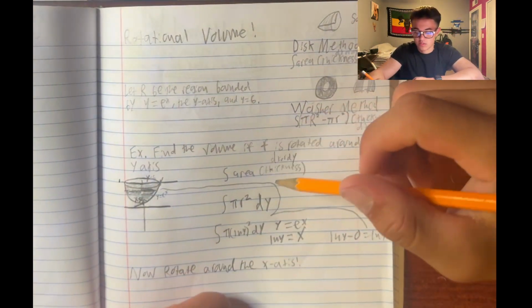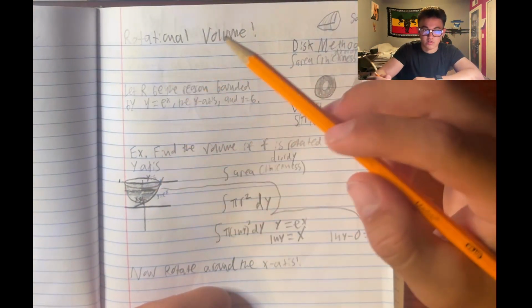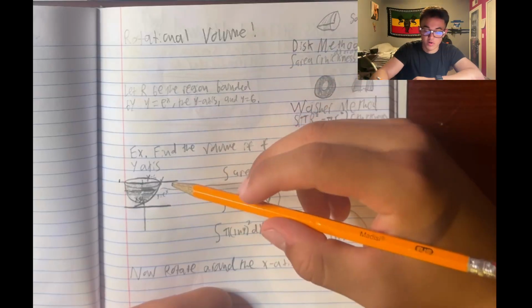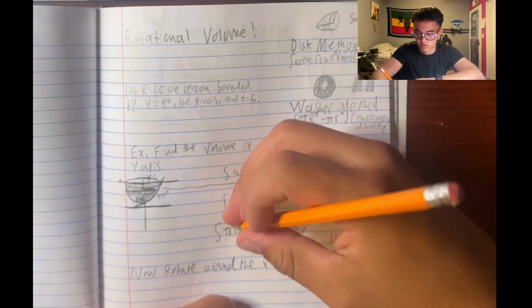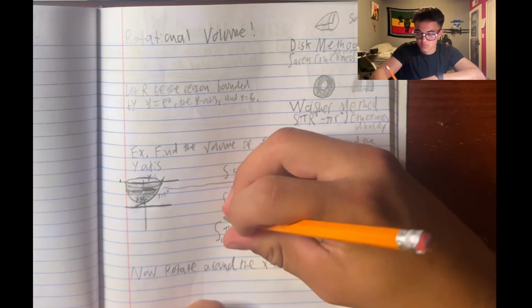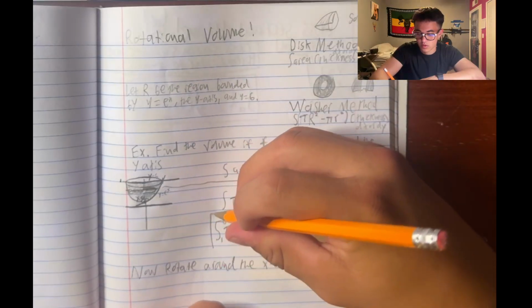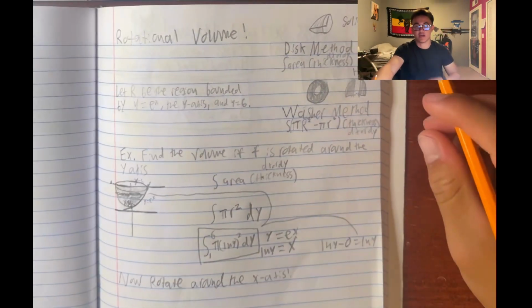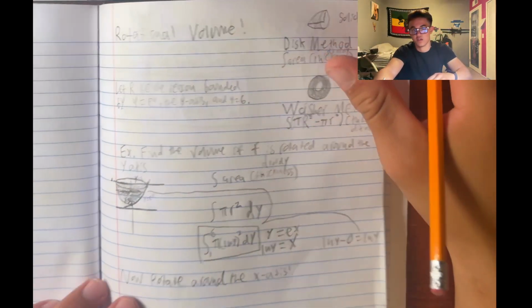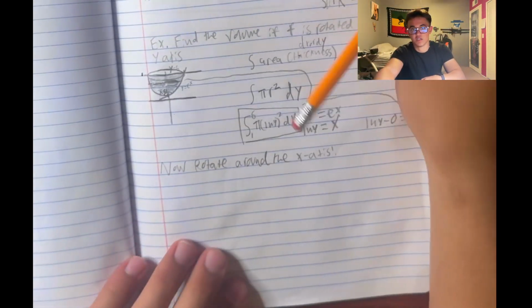So basically, since it's in terms of y, and the circles are going upwards, we're going to go from here to here, 1 to 6. So that's the bound. And then there's our answer. Now you can plug that into a calculator or whatnot. But for now, we're just going to move on.